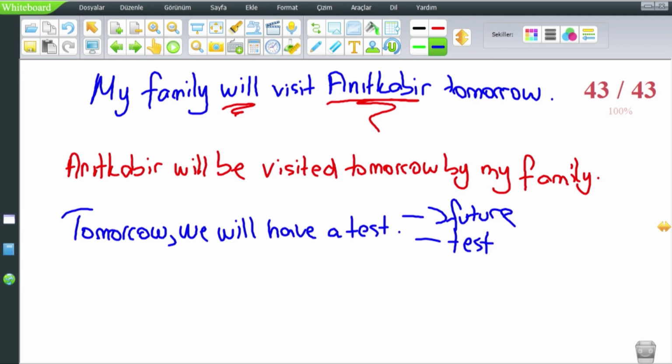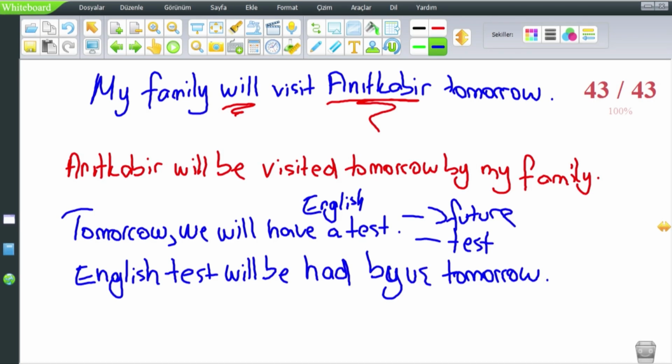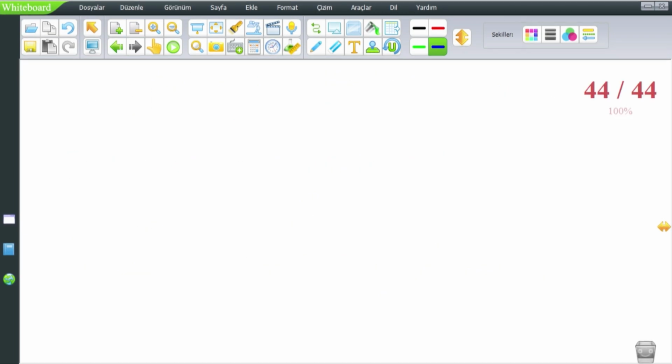We can say English test, for example. English tests will be had by us tomorrow. Let me look at some examples here.